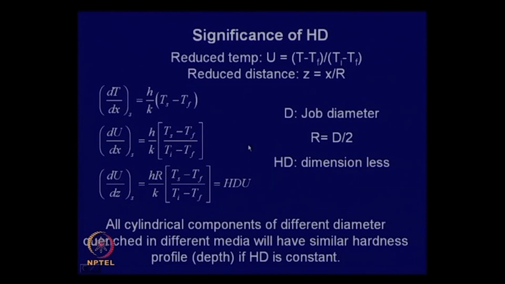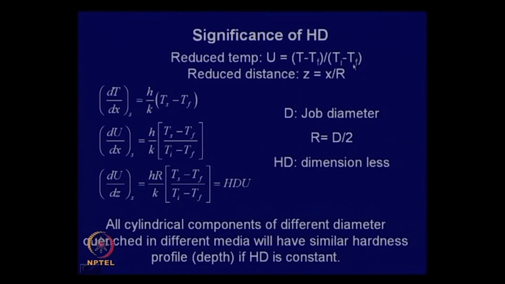Now, in heat transfer one often uses normalized temperature and normalized distance. You can think of a normalized temperature U, which is a ratio of differences of temperatures. This is the temperature at the surface at any instant, T, minus the final temperature, divided by Ti, the initial temperature, that means the austenitization temperature, minus T final.